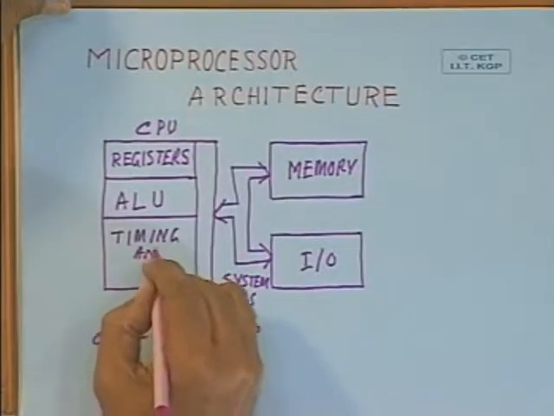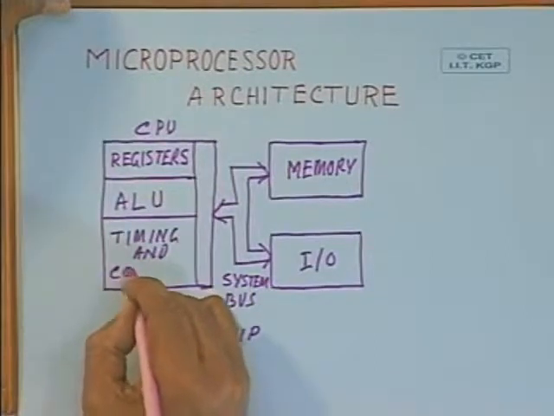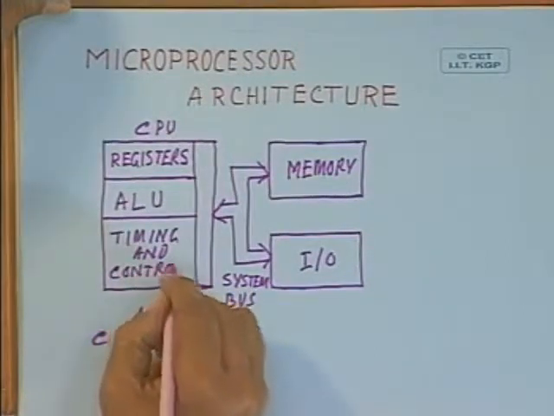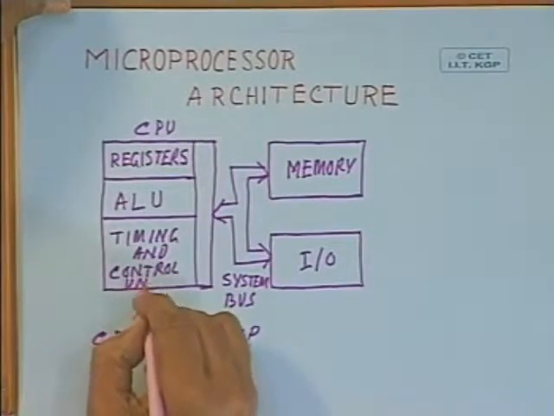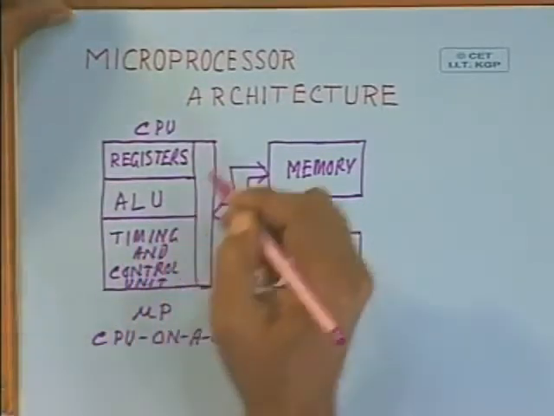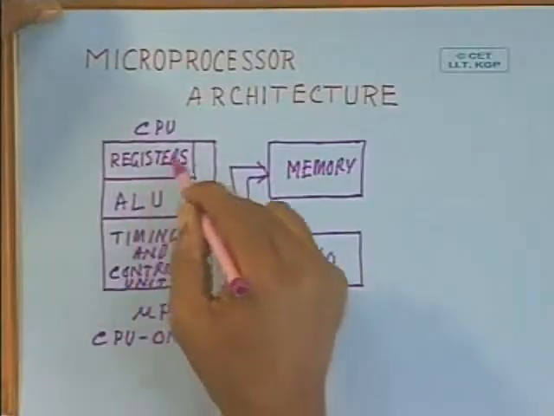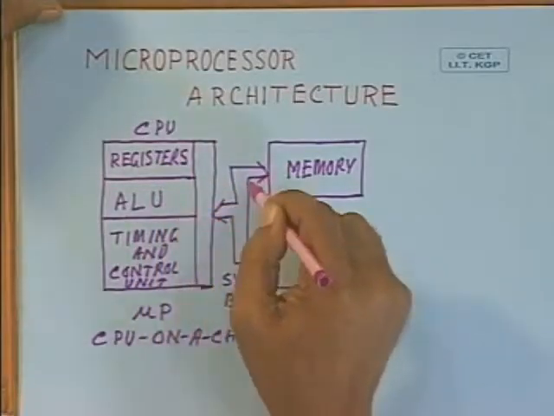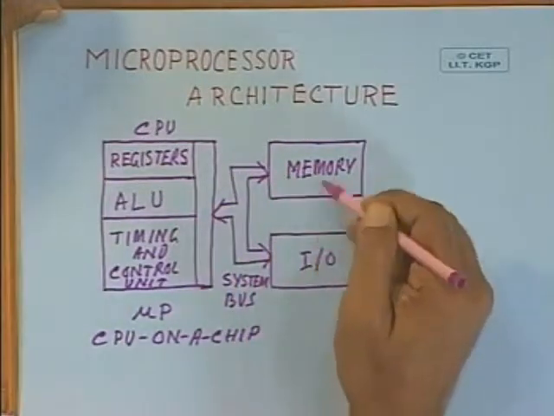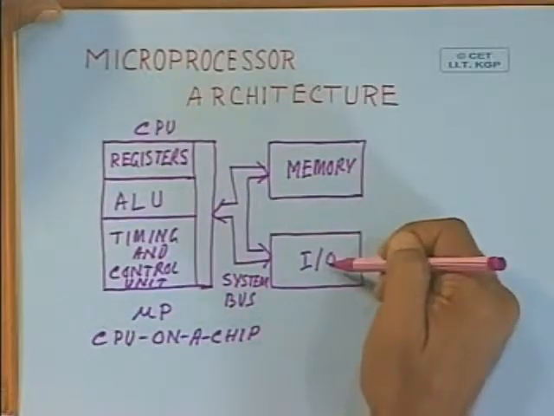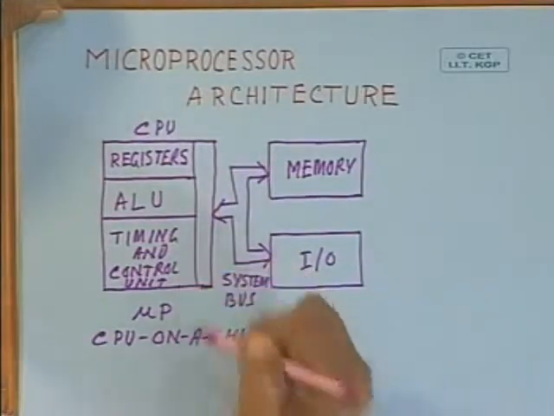Then you have got timing and control unit. This timing and control unit is responsible for coordinating and controlling the activities within the CPU and also controlling various memory devices and input output devices, as we shall discuss in detail.